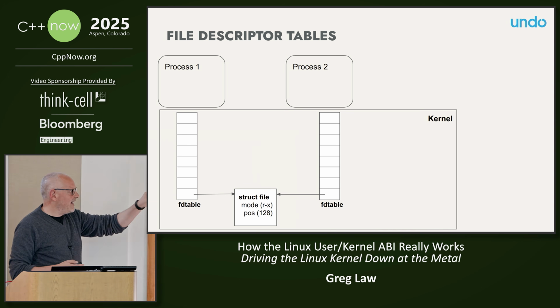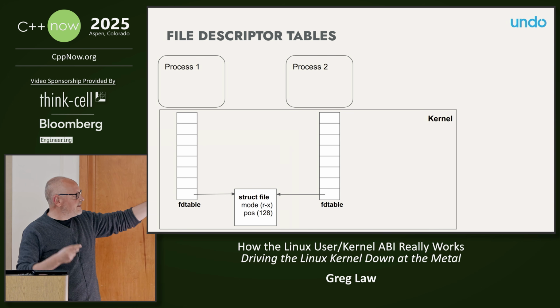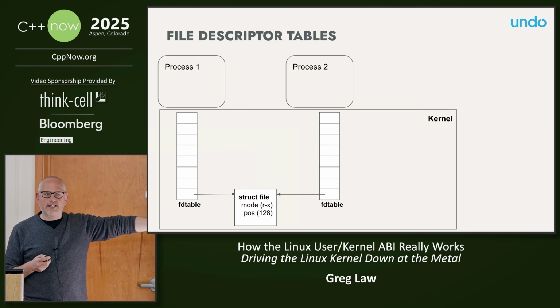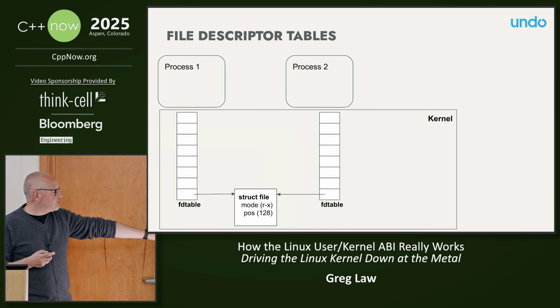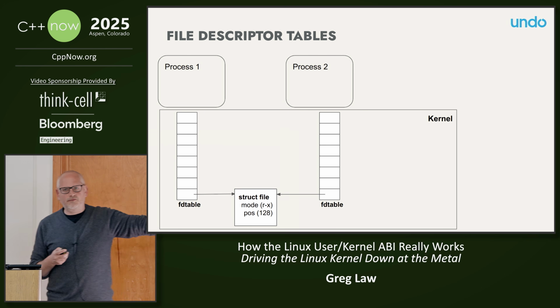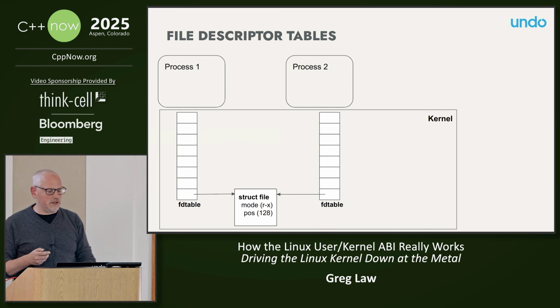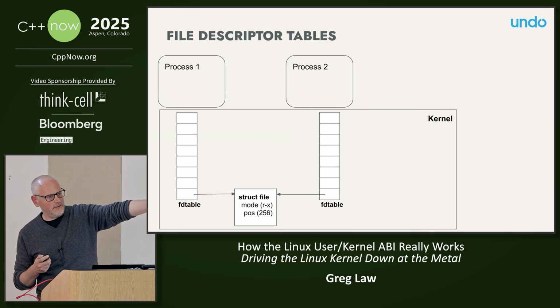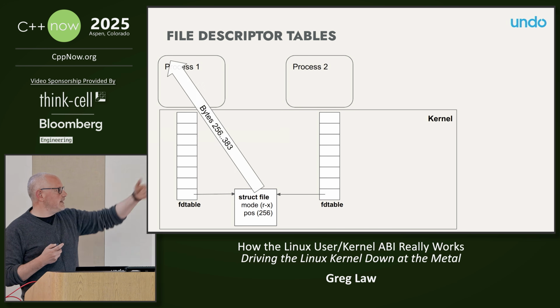Process 2 has been forked, or they're in the same fork tree, and so they've inherited the same file descriptor. Those file descriptors will both point at the same struct file. So now if process 2 does a read of 128 bytes, it gets the second 128 bytes out of the file. Now if process 3 does a read, it gets the third.